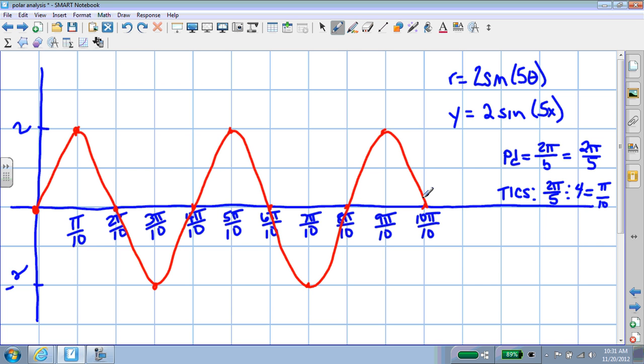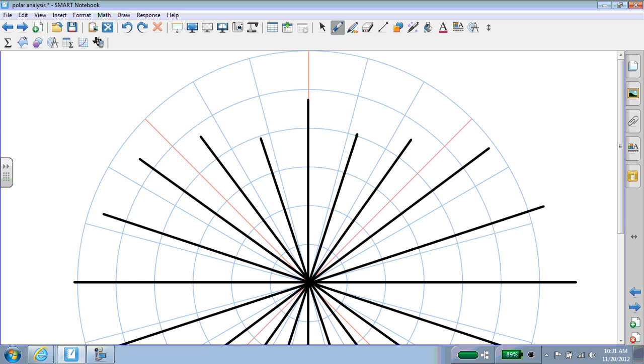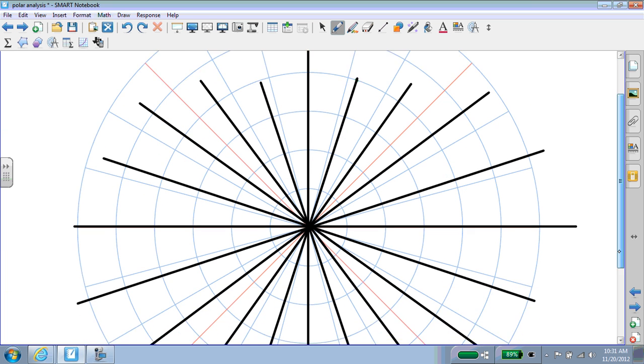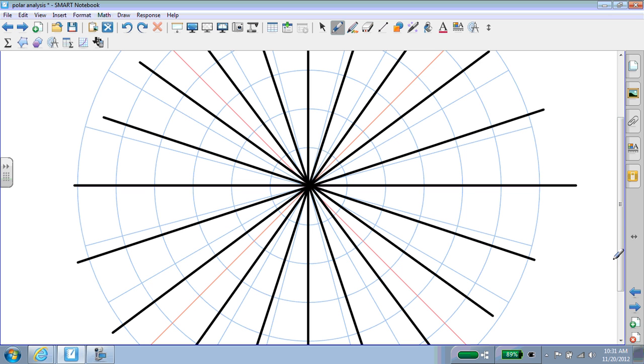All right. So it looks like at 0, let me show you what I did to my graph. I needed it to be in pi over 10s. So I brought in a protractor and I measured out pi over 10s.